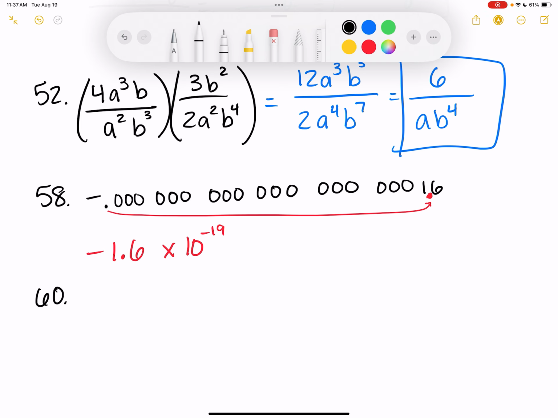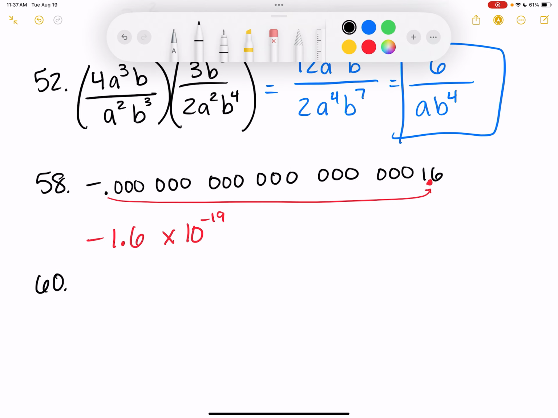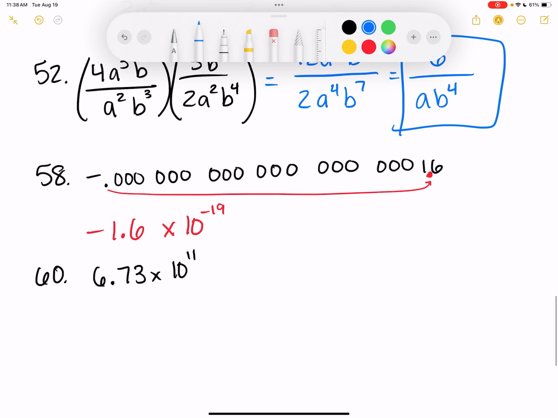More math. Fair enough. All right, the opposite direction. They give us 6.73 times 10 to the 11th. So this is a positive exponent, so that means I'm moving the decimal to the right to make a really big number. So we're moving this over 11 places, so basically 2 places and then 9 zeros.